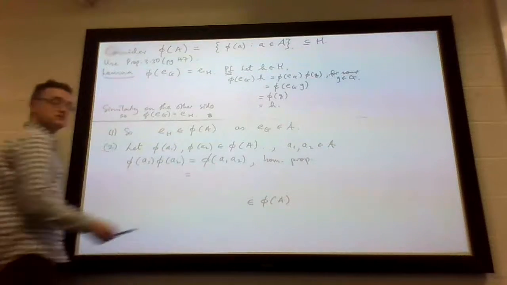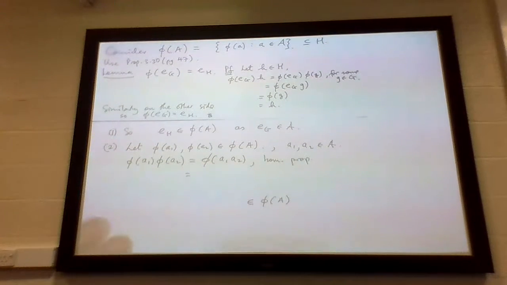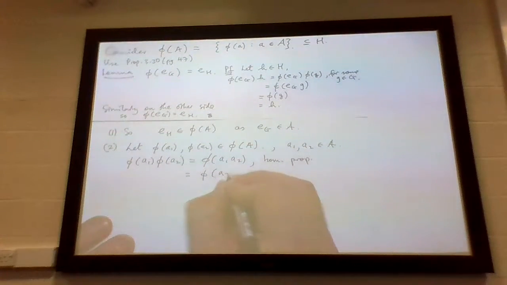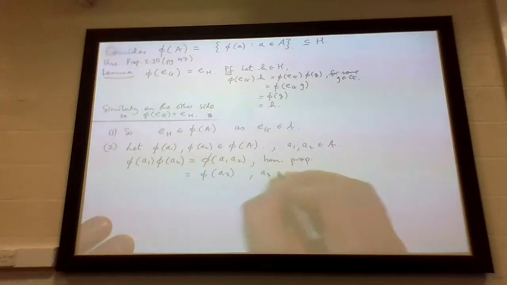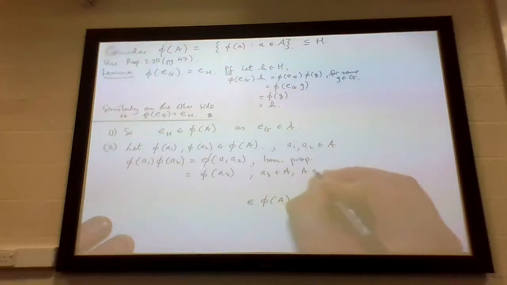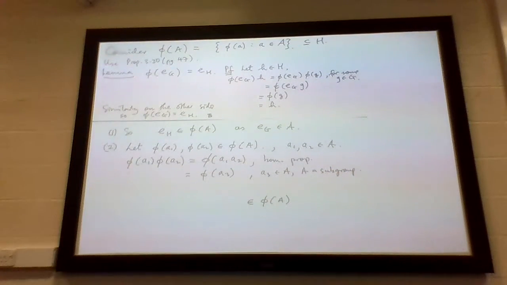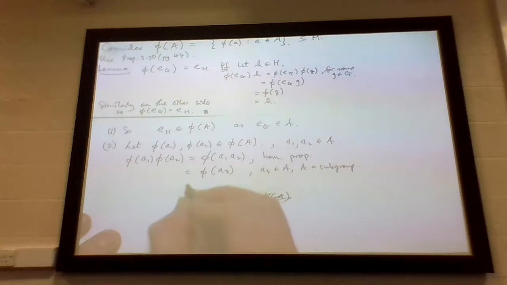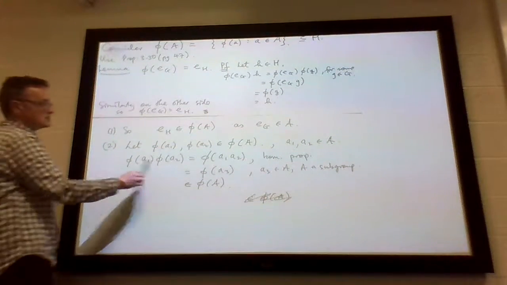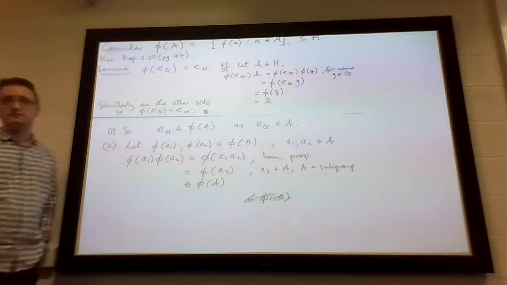The product of two elements from it is in the subgroup. So I could write this as phi of a3, where a3 is an element of A, since A is a subgroup, not just any old subset. And this, by definition, is something in phi of A, because it's phi of something from A. So that is an element of phi of A. So phi of A is closed under the operation. If you multiply two elements of it together, you get an element of phi of A.